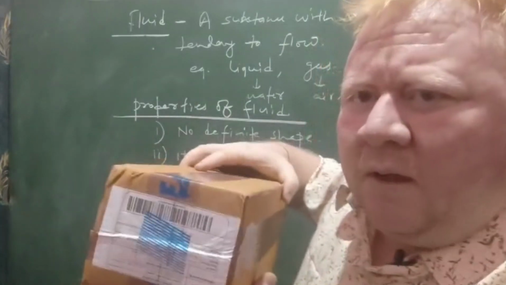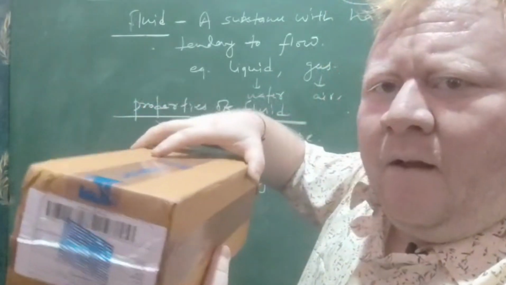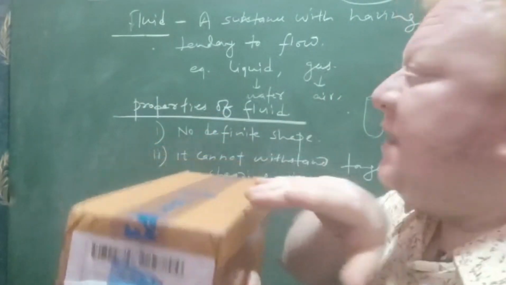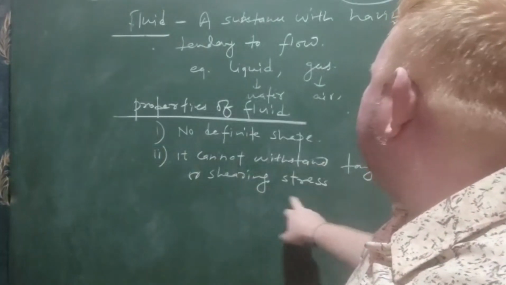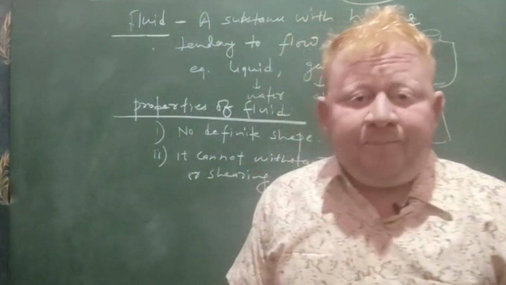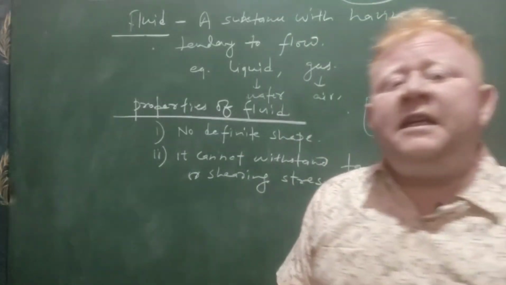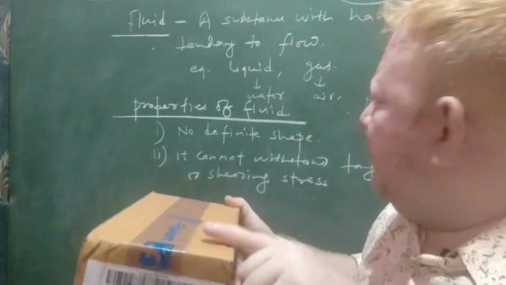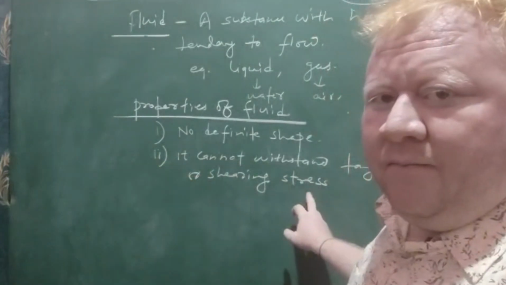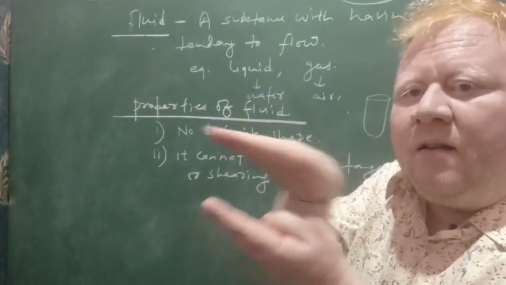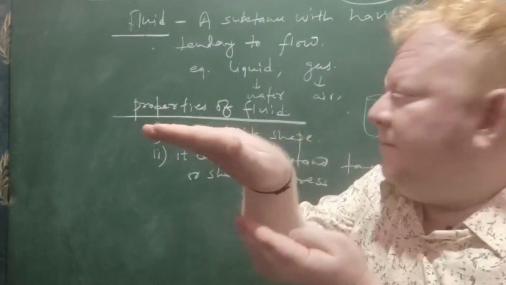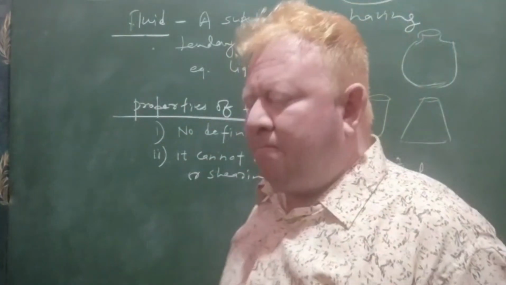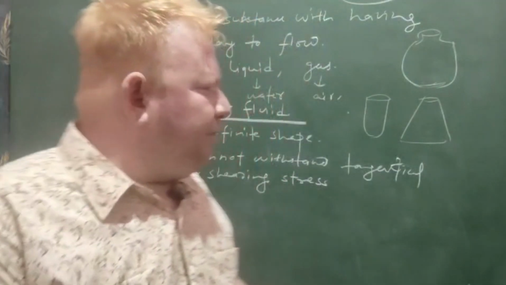Suppose this is a block. If you apply a force tangentially to it, it suffers a little shearing stress, a little deformation along the tangential direction. But in the case of fluid, we don't see this property, right?